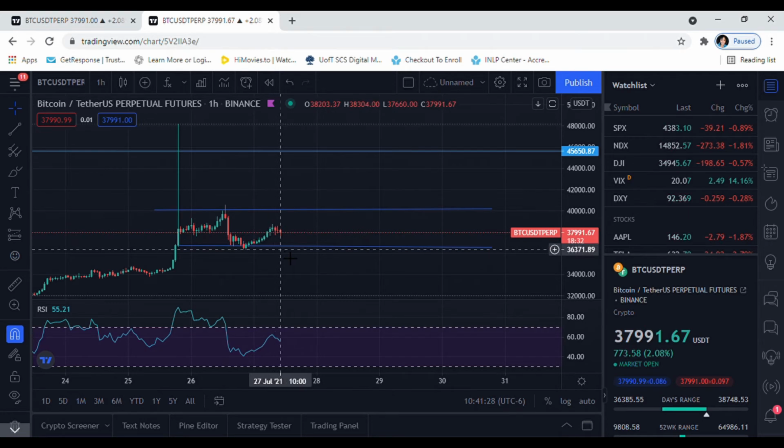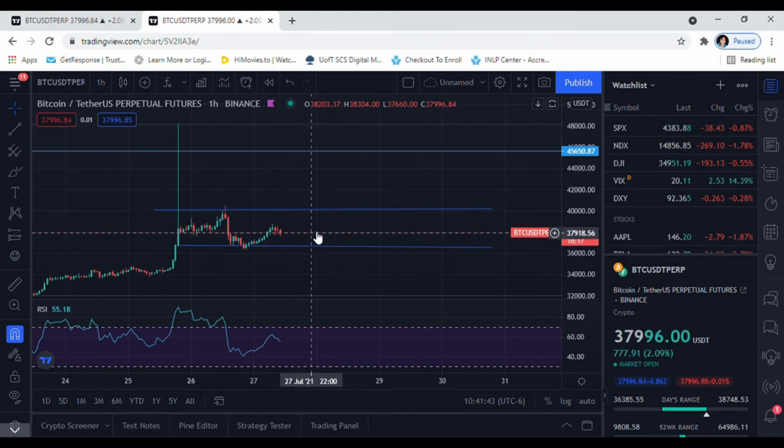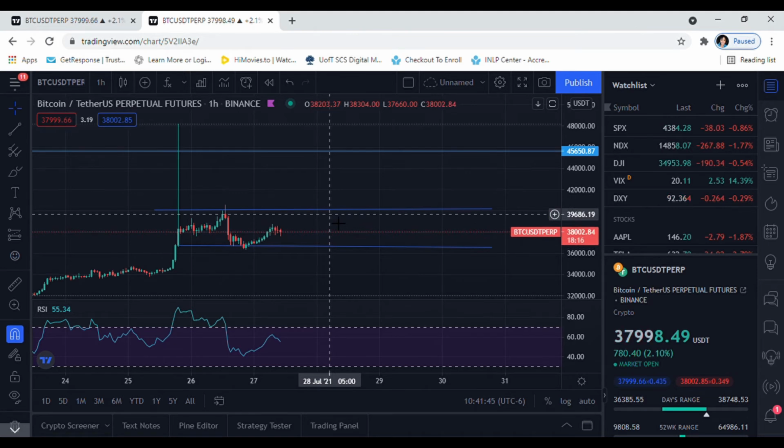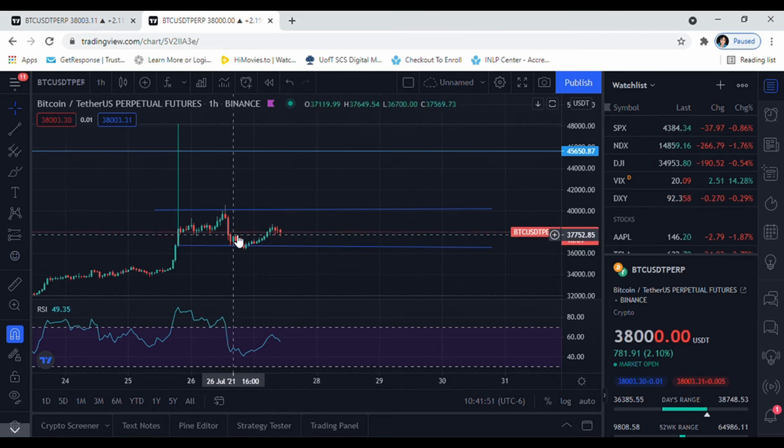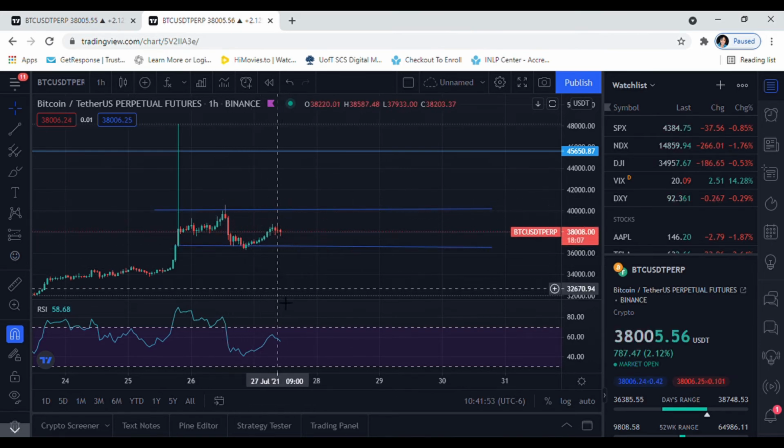The other one is if the candle that touched the support closed at a red, but then the next candle after that closes at a green. That tells you that the price got supported there and it should start heading back towards the resistance. So that's how you're able to figure out how to enter through support and resistance.